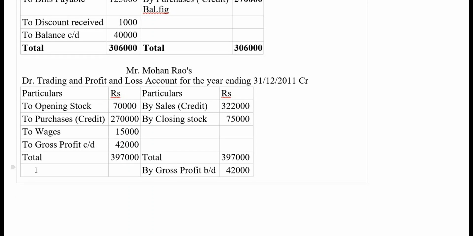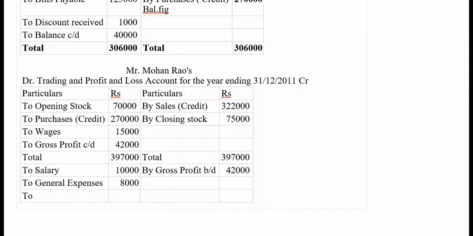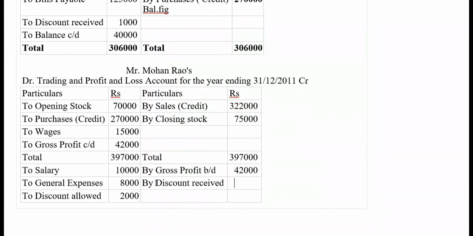Now let us record the expenses here. To salary, it is given as rupees 10,000. Then to general expenses, rupees 8,000. Then to discount allowed, rupees 2,000. Here we have got a discount earned or discount received. By discount received, because it is income, it is given as rupees 1,000.